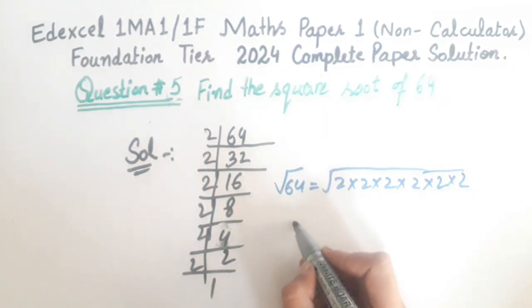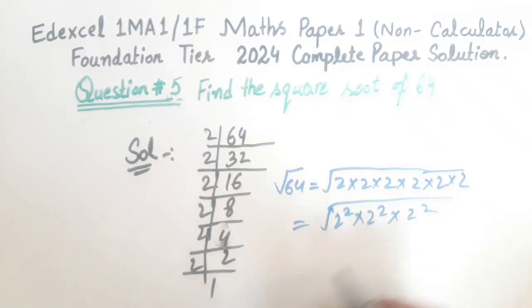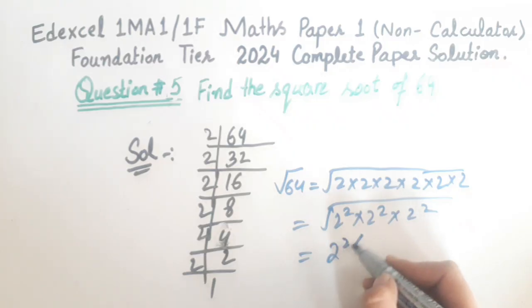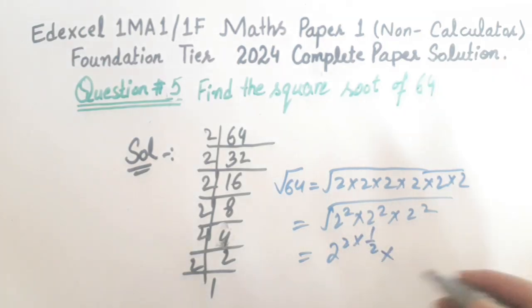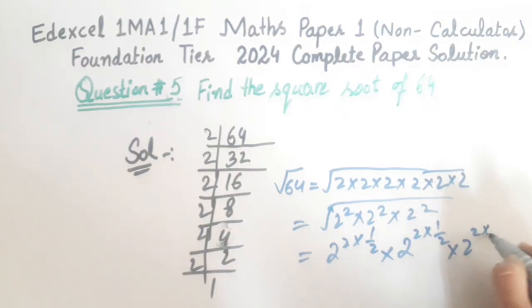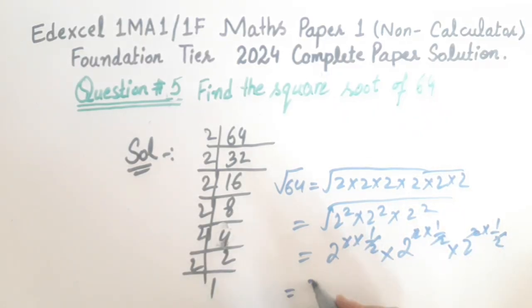So it will become 2 squared multiplied by 2 squared multiplied by 2 squared. Then the square root is the power of 1 by 2, so the squares cancel out. So we get 2 multiplied by 2 multiplied by 2, that equals 2 twos are 4, 4 twos are 8. So 8 will be the answer.